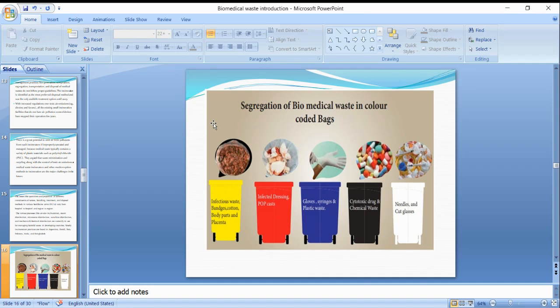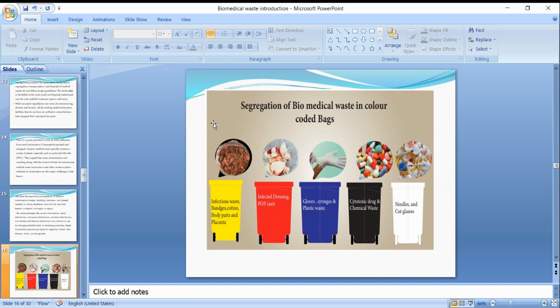The red dustbin is for the dressings used at the time of accidents. The blue one collects gloves, syringes, and plastic waste.